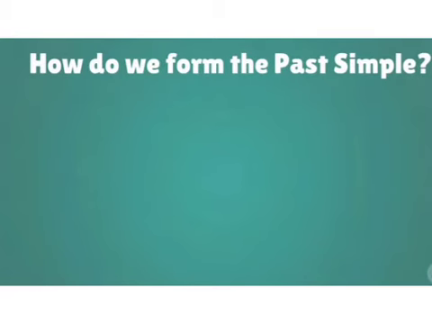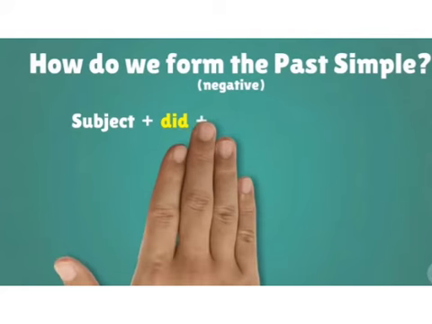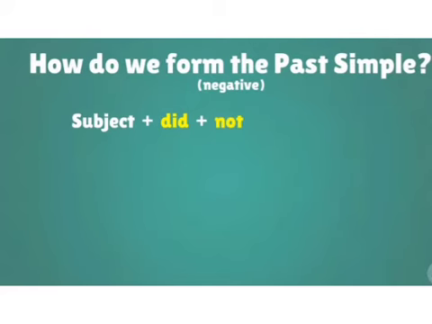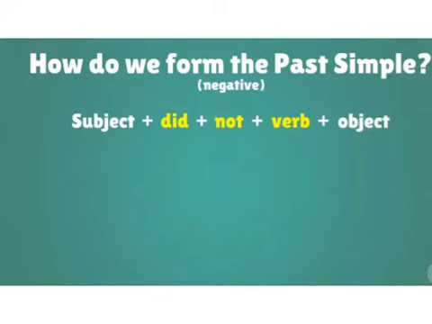And how do we form the past simple negative sentence? For that, we have got the rule: subject plus did plus not plus verb and object. Negative means there should be some negative word, that is not, never, like that.